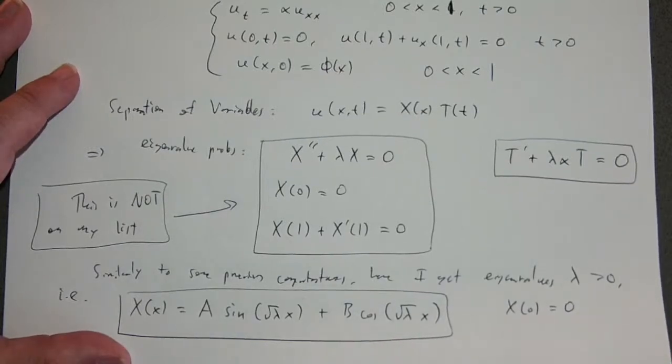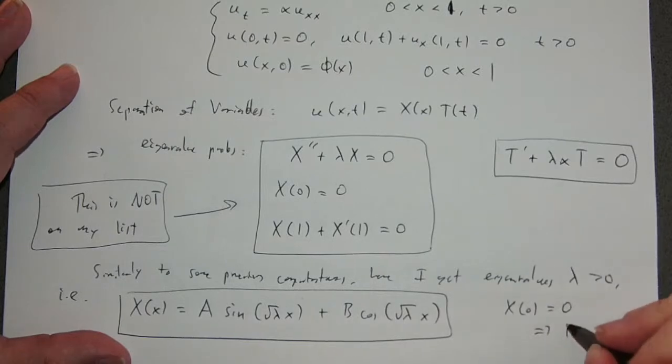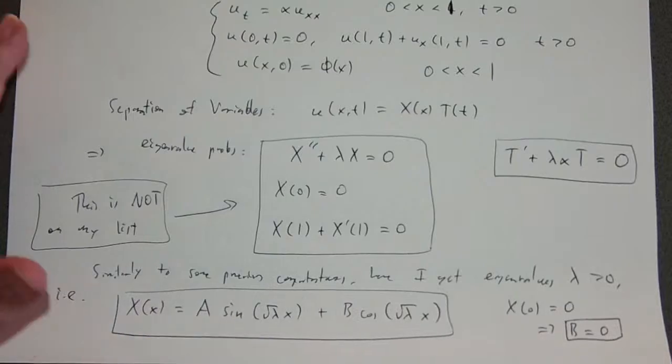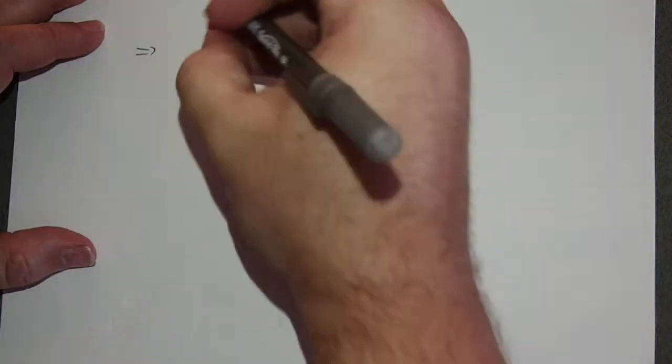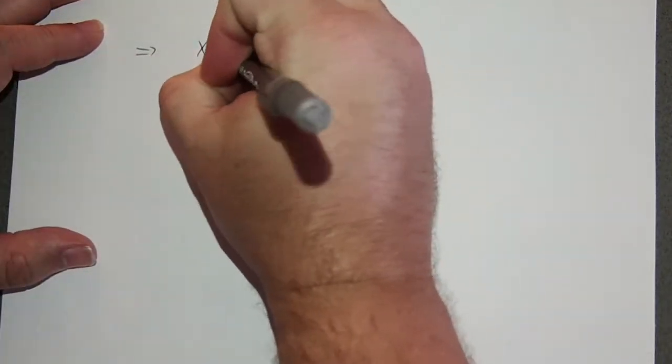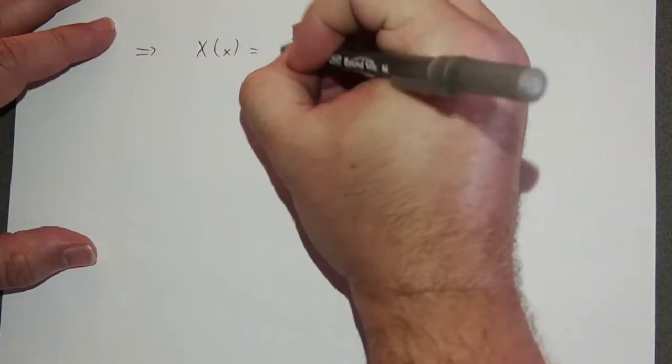So b has to be equal to 0. Okay. Not too bad. So this implies that my eigenfunction looks like this.